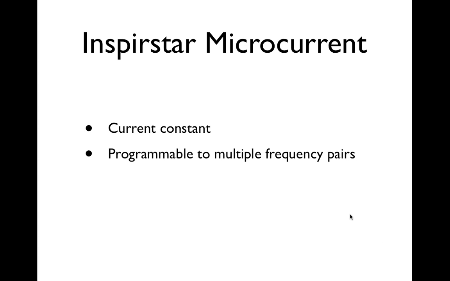When we set the current for 40 microamps, you cannot inadvertently or by mistake turn the current up. We also have the ability to program this machine to multiple frequency pairs.